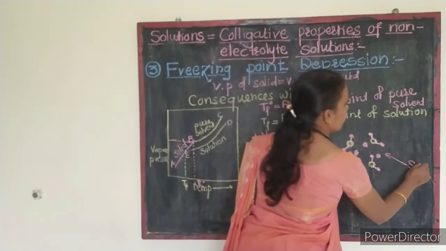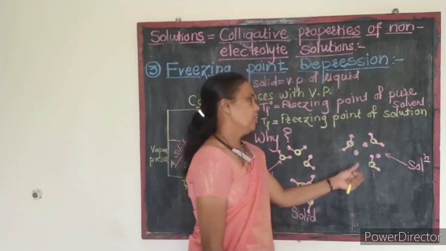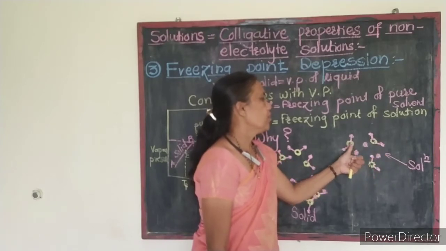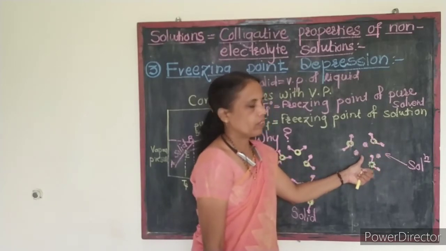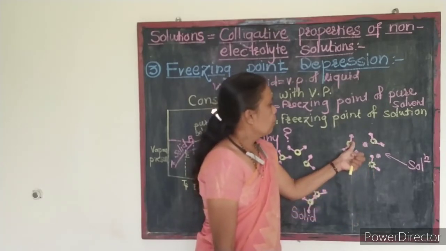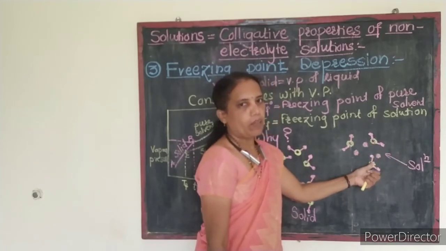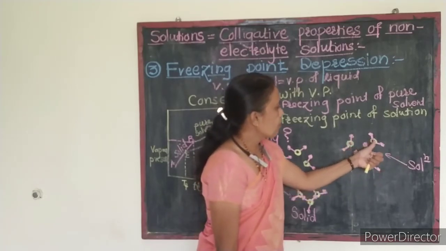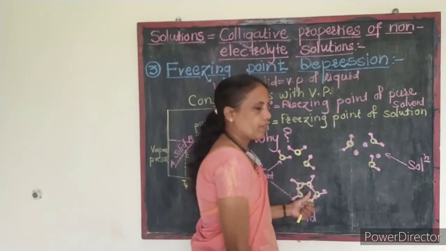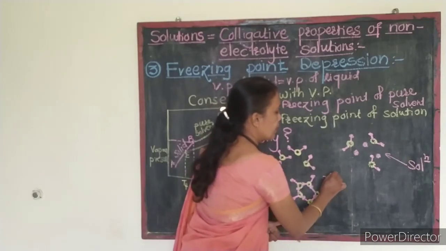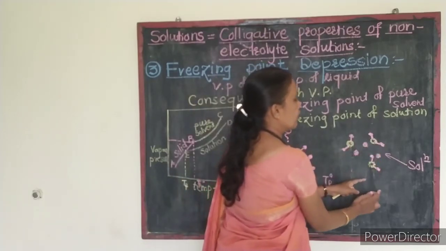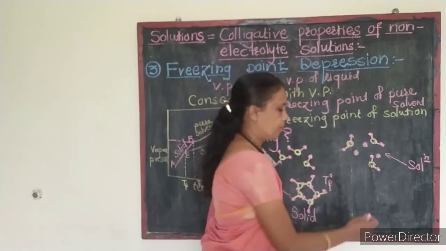In this solution, when it is in liquid state, these are moving here and there. There is less intermolecular force of attraction between the molecules. When we decrease the temperature, the movement of these molecules becomes less. But at the temperature where pure solvent freezes, these do not get converted into solid particles. Why?